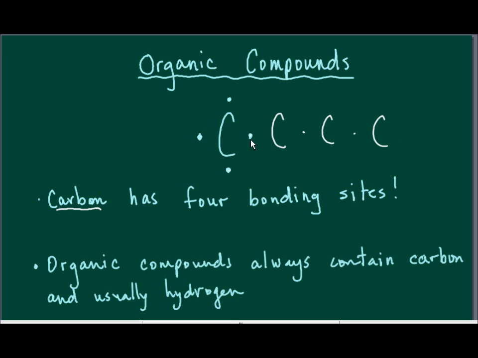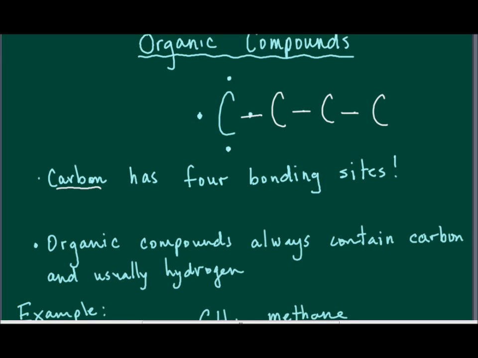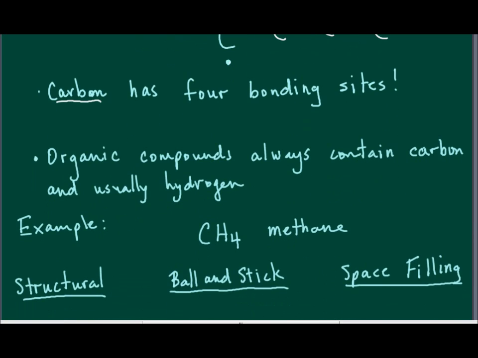So you can get these carbon compounds in big long chains, or they can be in rings, or there's all sorts of variety that you can have with carbon-based molecules. All organic compounds contain carbon. That's really important, and it will help you when you have to identify something as being organic or inorganic.